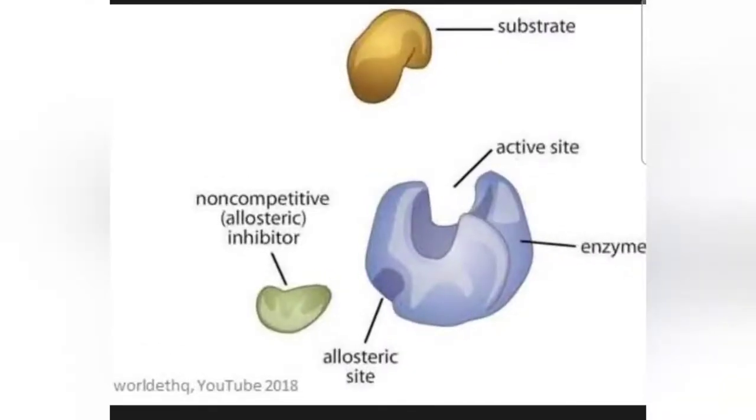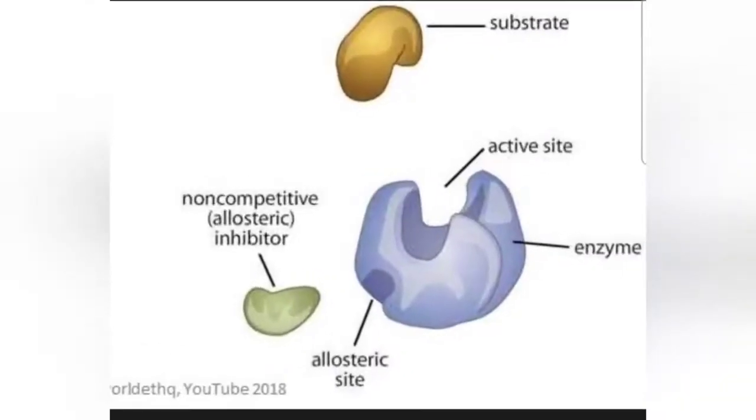So in this picture you can see an enzyme and different sites of the enzyme. This is the active site, this is the allosteric site, this is the substrate, and this is an inhibitor, or it can be an inducer as well. My point here is to explain what the allosteric site is. Active site you will get to know later on.